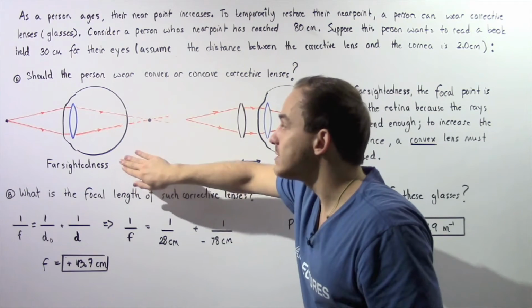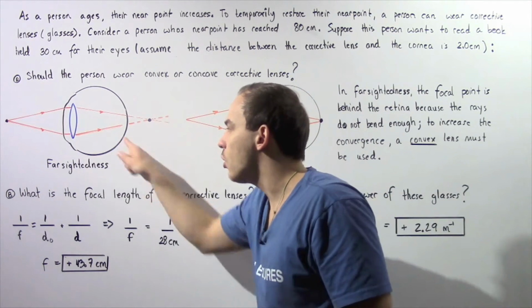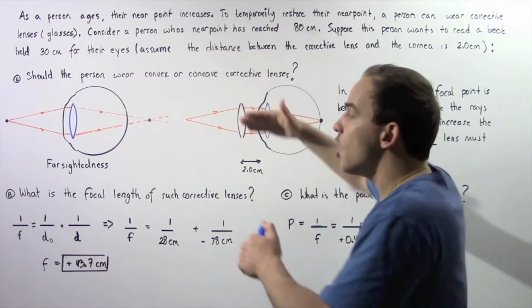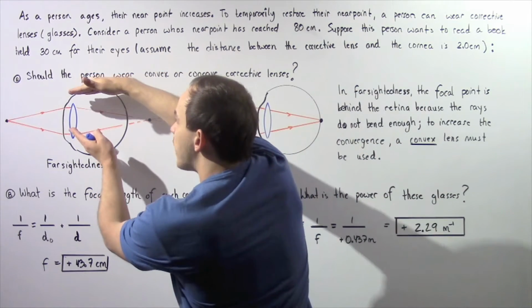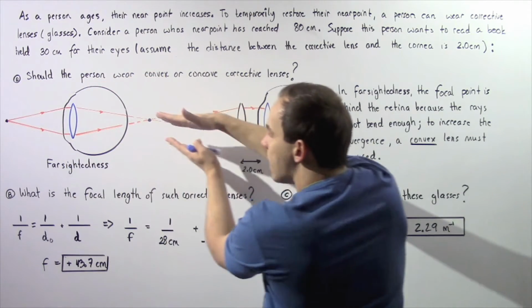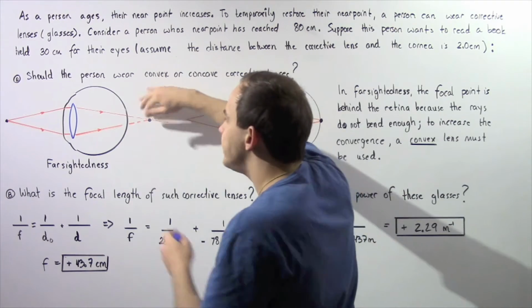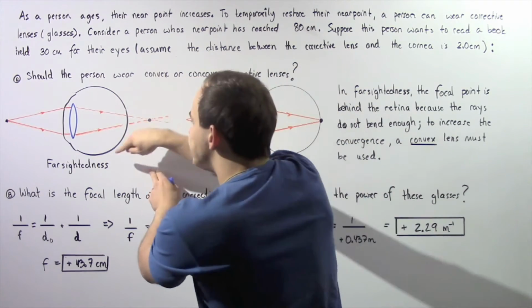However, because of this condition known as farsightedness, also known as hyperopia, the rays of light are not able to bend quickly enough, and so the image is formed at a point behind our retina.